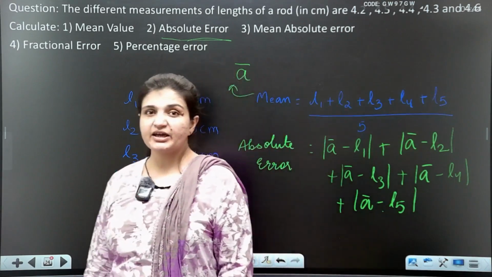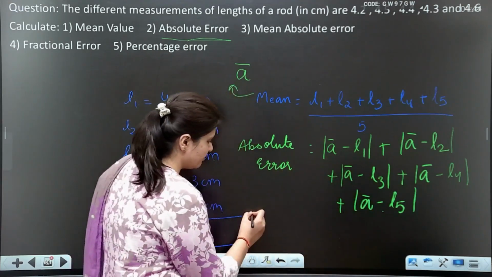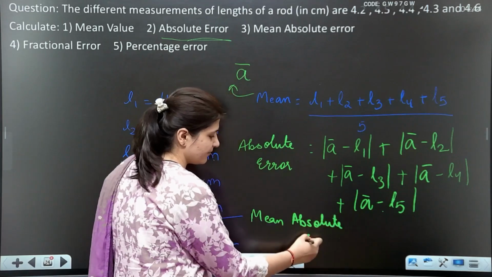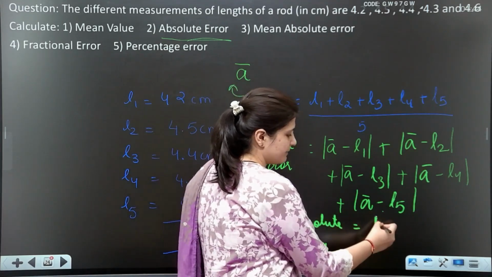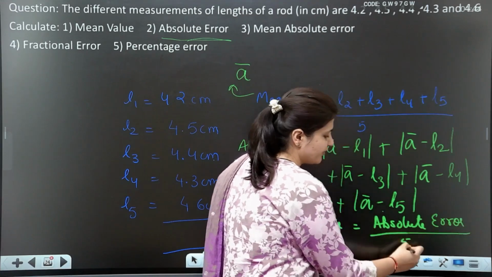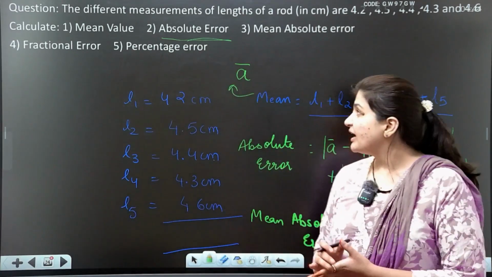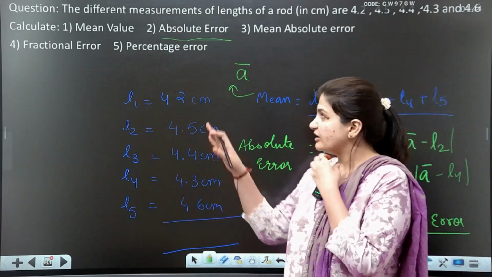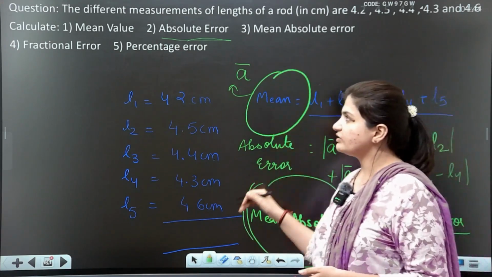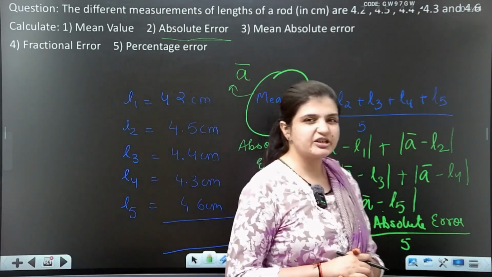The mean absolute error is the absolute error divided by 5. And then the fractional error: we have found the mean value and the mean absolute error, so we take the fraction of it, and then multiply it by 100, which gives us the percentage error.